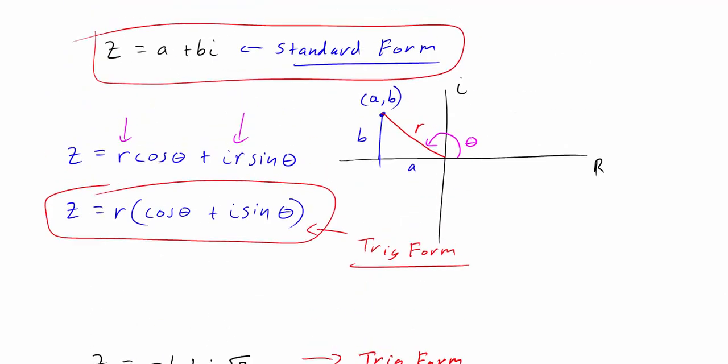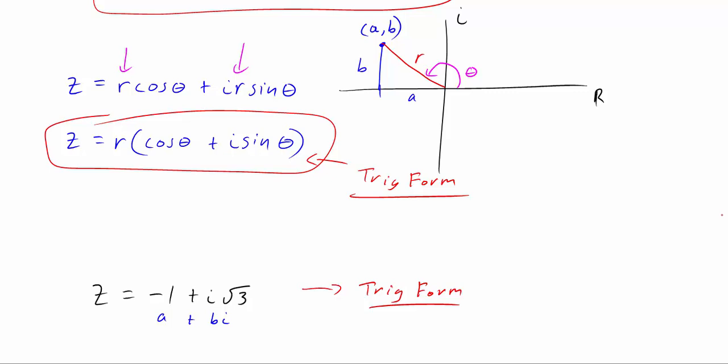Now, if we go back up here and look at our trig form, there are a couple things we need to know. To go to trig form, we need to know r. Remember r is how far our point is away from the origin. And we also need to know the angle theta. So that is simply how far we are around to our location.